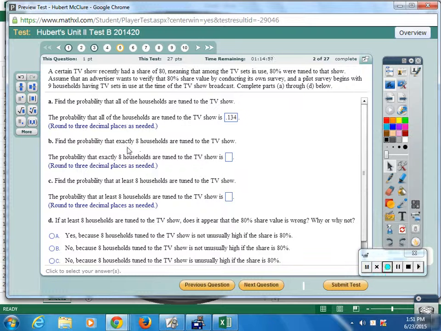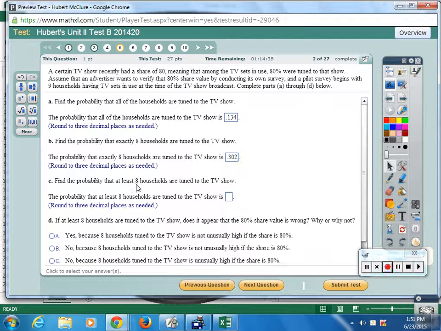Find the probability that exactly 8. 0.302. And find the probability that at least 8.